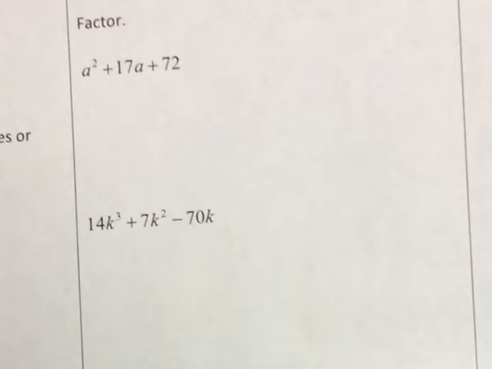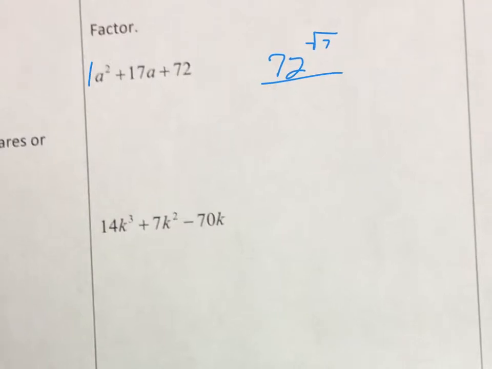So now we know we're going to take 1 times 72, which is 72. And if we're looking for all the factor pairs, I've been encouraging you to square root that number.